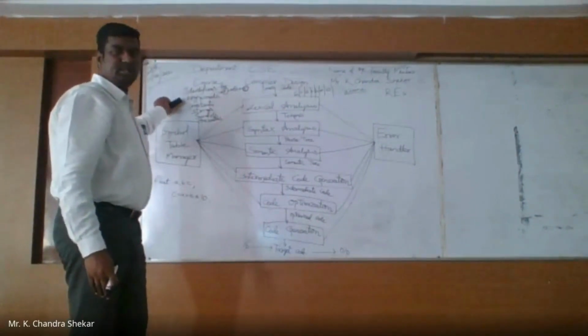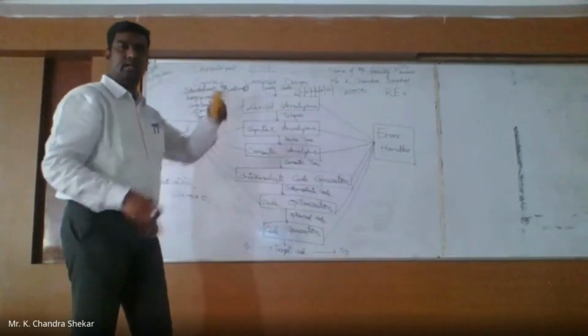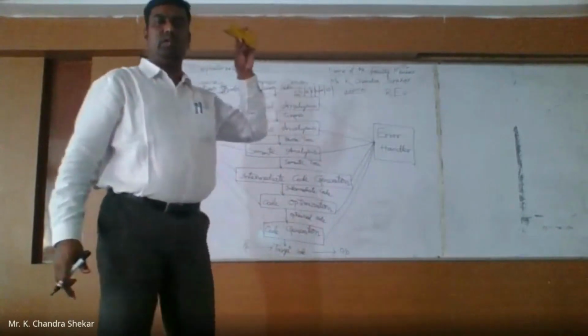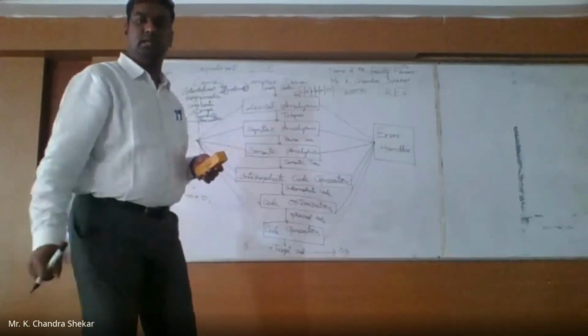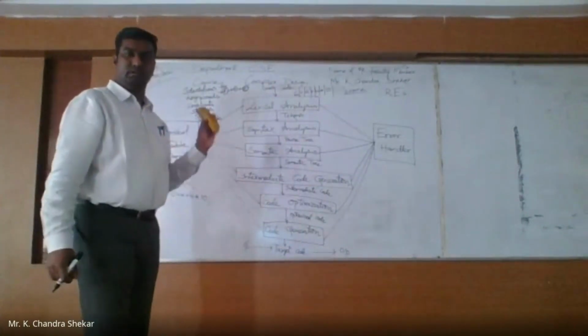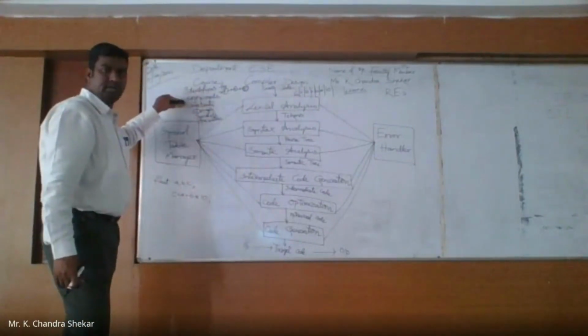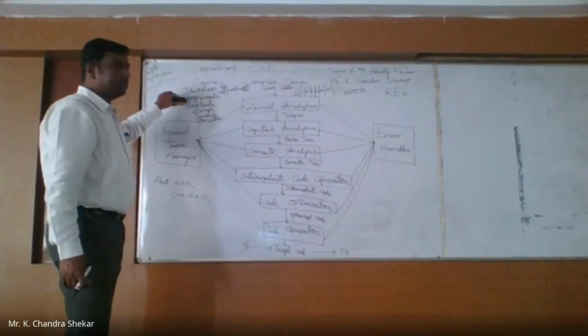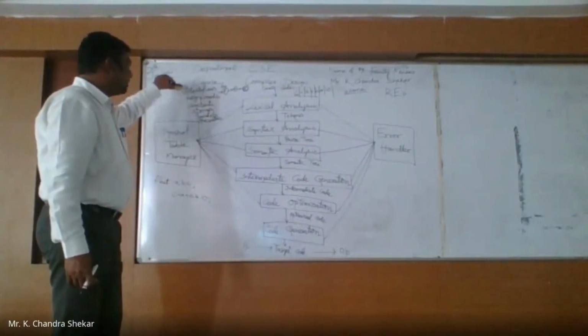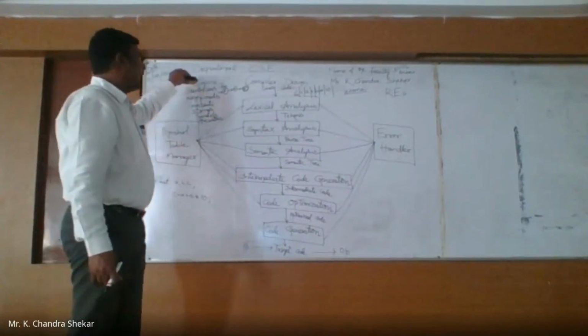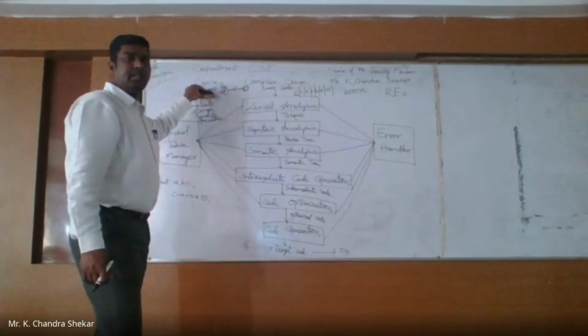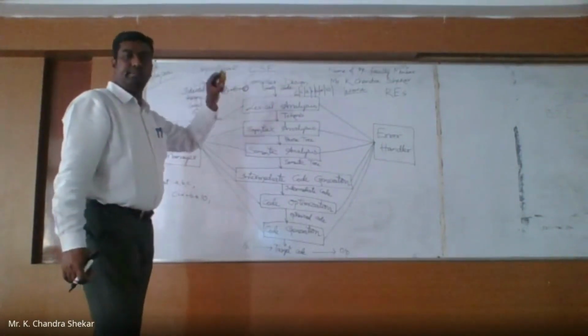So what do you mean by keywords? You have a list of keywords. Like in the earlier version, you have 32 keywords. The latest version of ANSI C is coming up with 34 keywords. So it just compares with all those keywords. Now, if it is not matching any keyword, then finally it identifies it as an identifier. Identifiers are nothing but user-defined names.